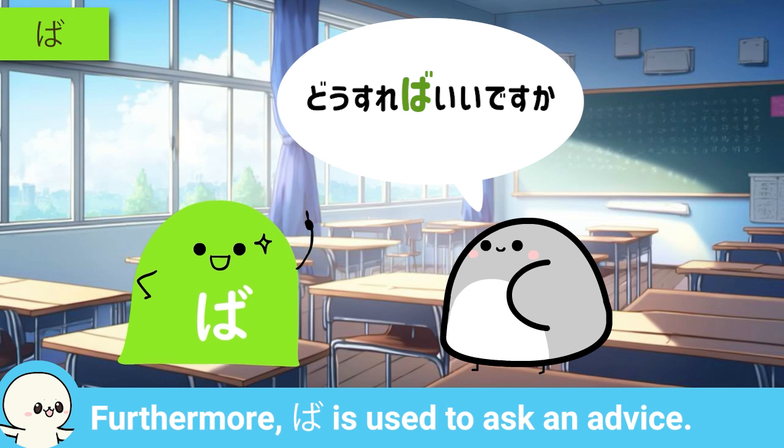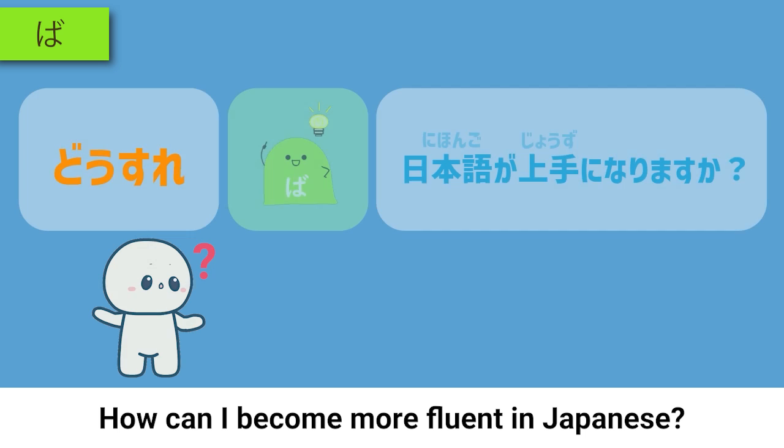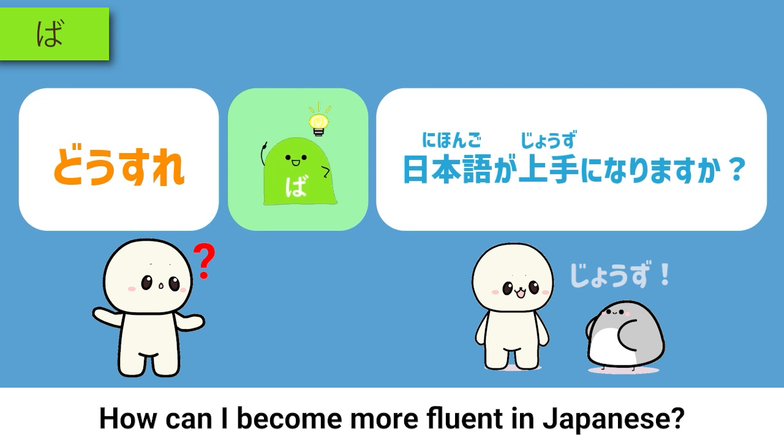Furthermore, ば is used to ask for advice. どうすれば日本語が上手になりますか?